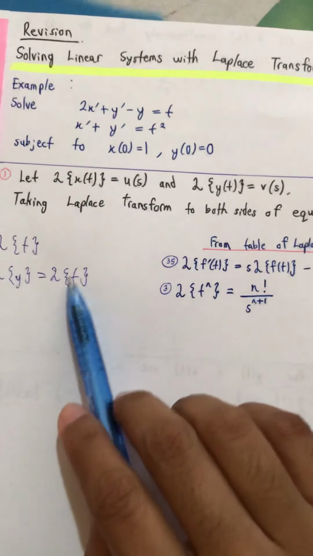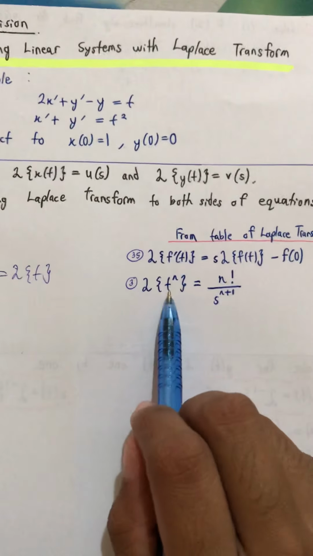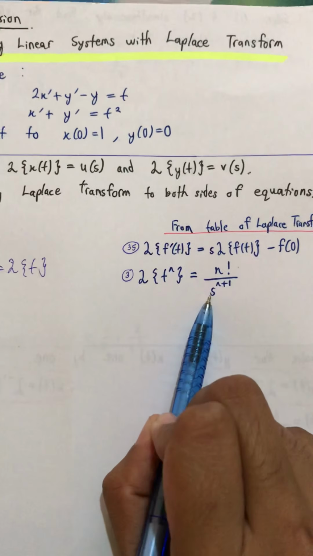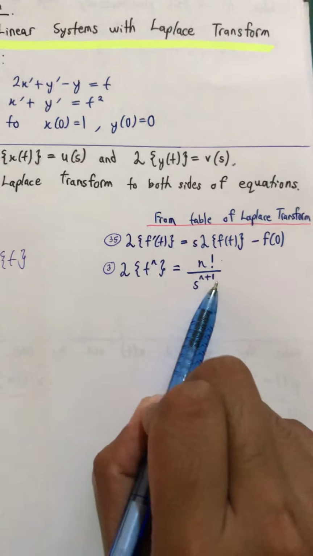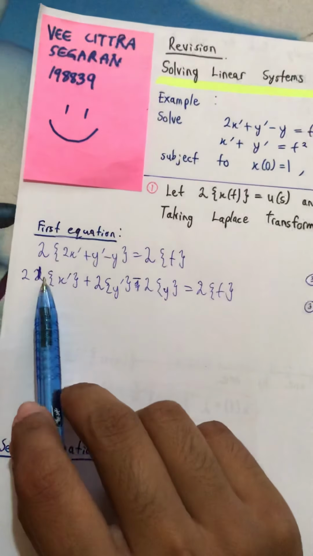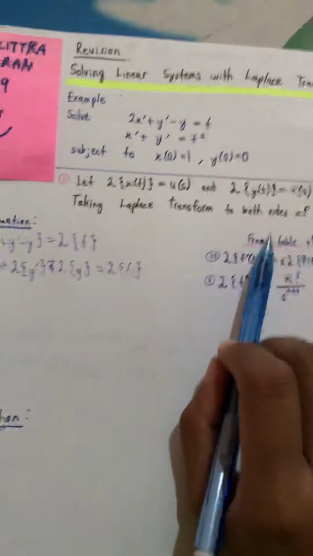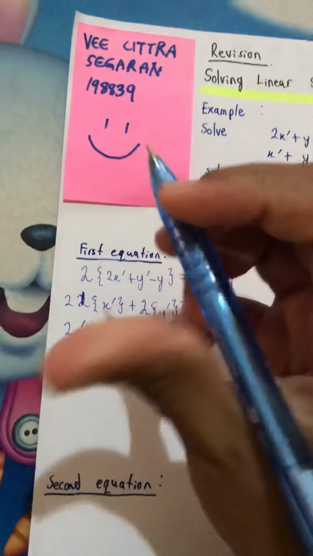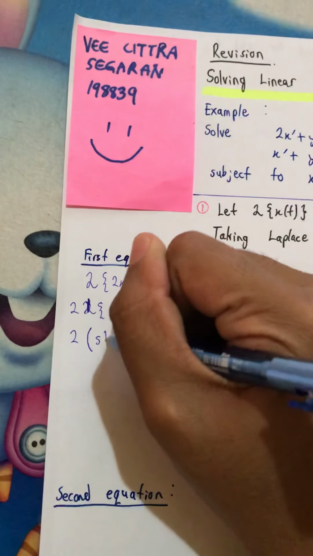And for the right part, the Laplace transform of t to the power of n equals n factorial over s to the power of n plus 1.